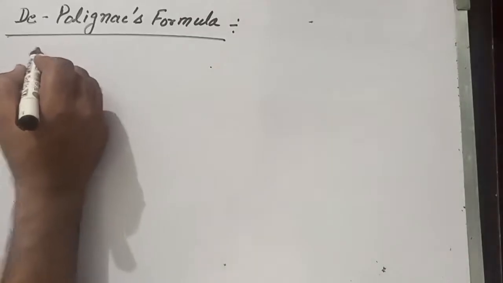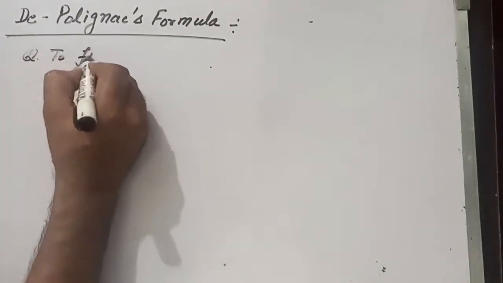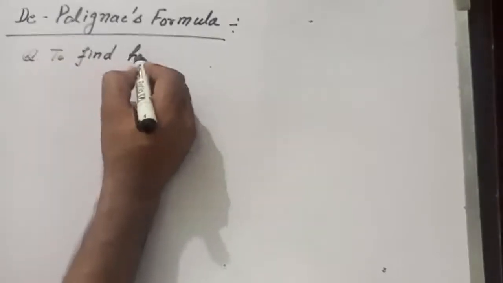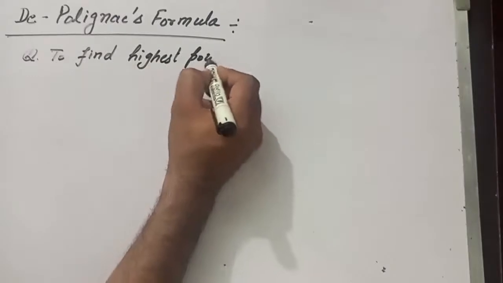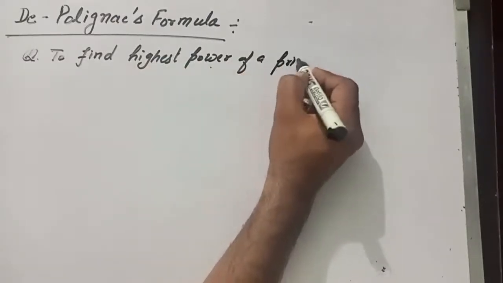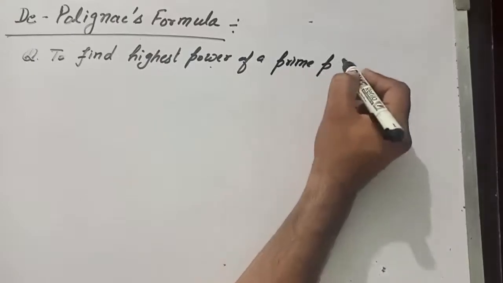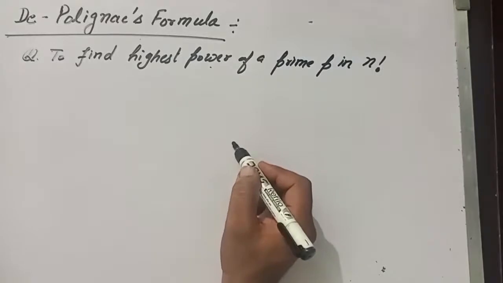Suppose you have the question to find the highest power of a prime p in n factorial. Then what you have to do?